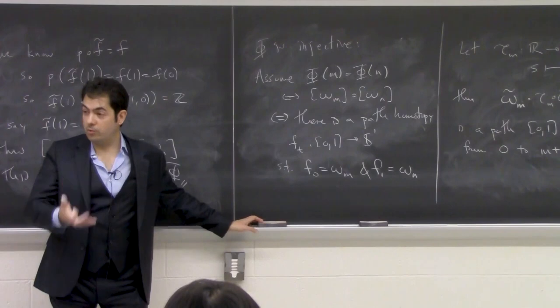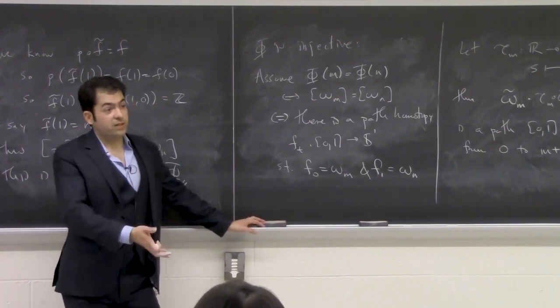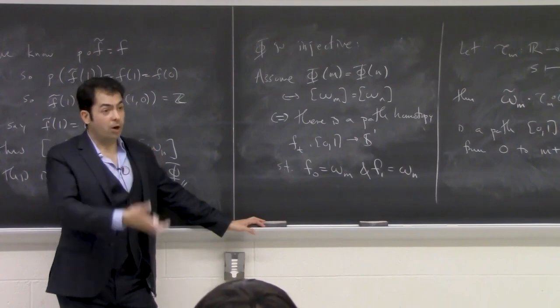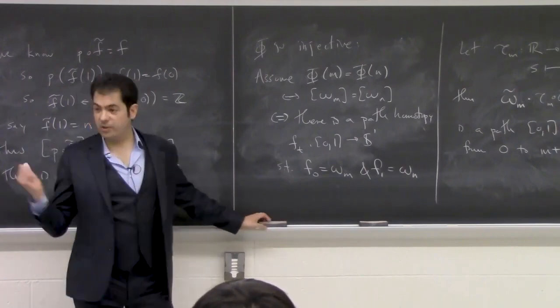Okay, so now you have a homotopy on the circle. Fact B says that you can take this homotopy and lift it to a homotopy in R, and it's unique as soon as you pick where you're going to send the base point. We'll send the base point to 0.